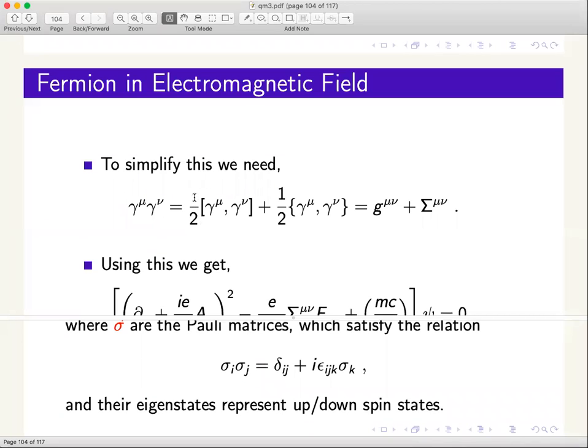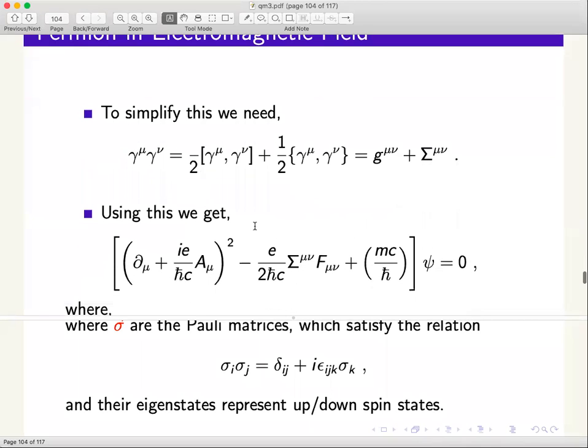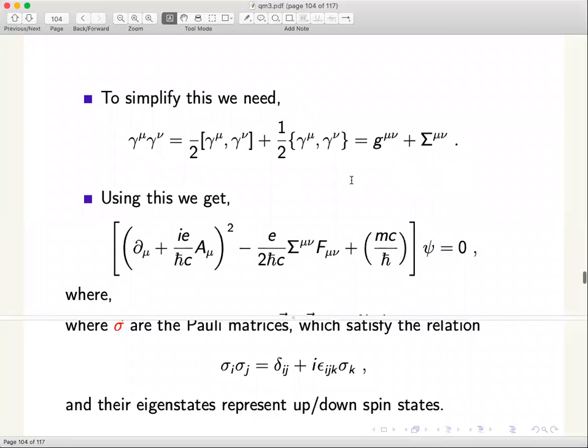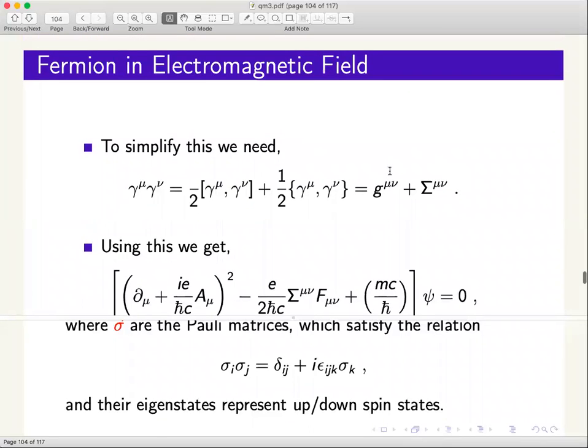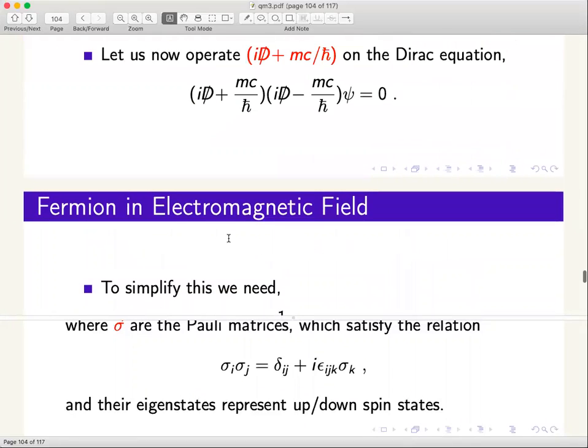Because of that, this sigma mu nu has a slightly different hermiticity property, but it doesn't matter right now. We are not going to look at every component of it. Nevertheless, when you symmetrize gamma mu gamma nu, you are going to symmetrize the d mu d nu piece.